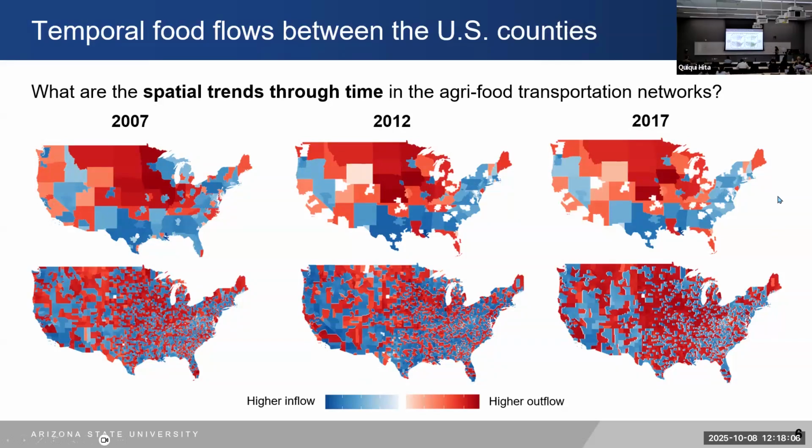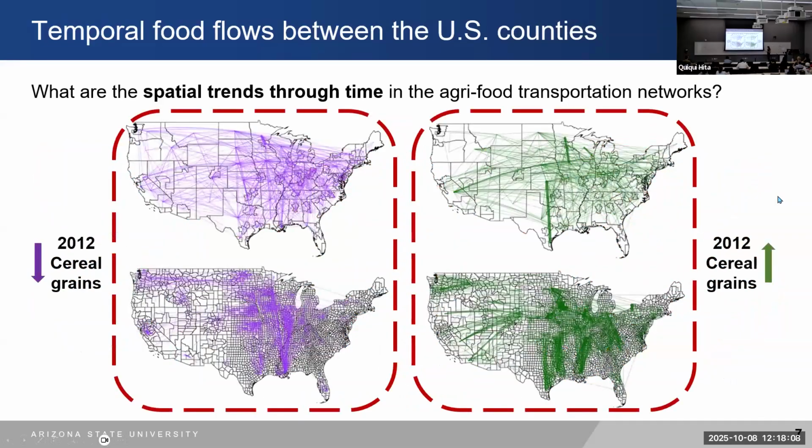And finally, there was a big 2012 Corn Belt drought in the United States. Cereal grain production was halted drastically, especially in the Midwest. Because of that, we wanted to see the change from 2007 to 2012, whether the impact of the drought was captured in our estimates.